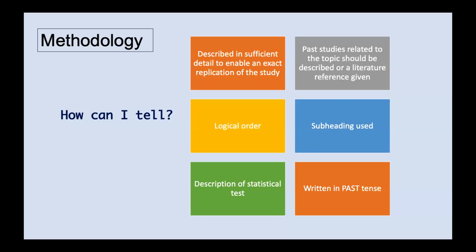How can I tell the methodology? What things do we need to highlight in methodology? In methodology, we need to describe in sufficient detail to enable an exact replication of the study, meaning that the description in methodology can be repeated by other researchers when they want to verify, or maybe they want to use the methods but with other materials, like other bacteria or microorganisms, for example.